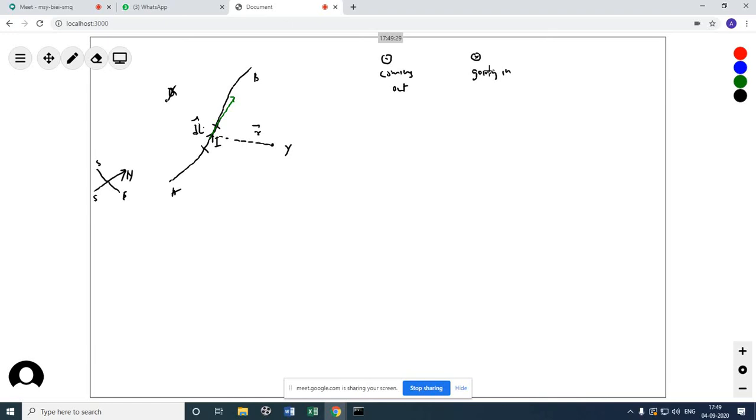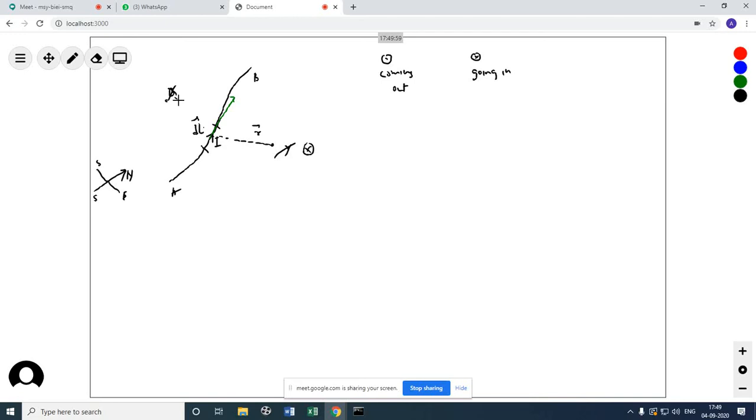Now, to find the direction of magnetic field at Y, put your right hand aligned with the dl vector and fold it towards the r vector. At Y, will it be a dot or cross? From dl we come to Y, it's going in, so it'll be cross.